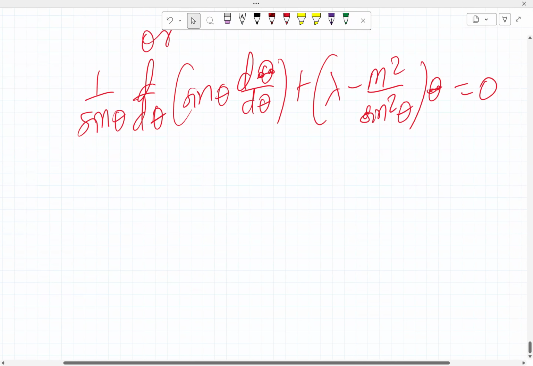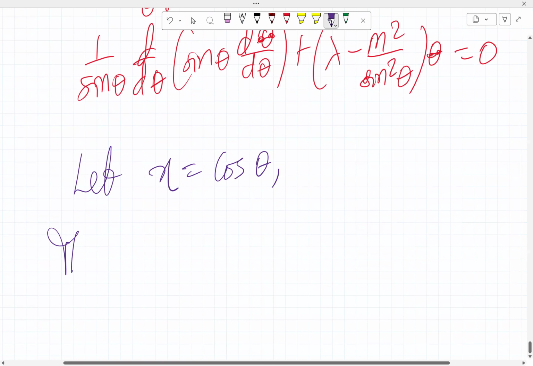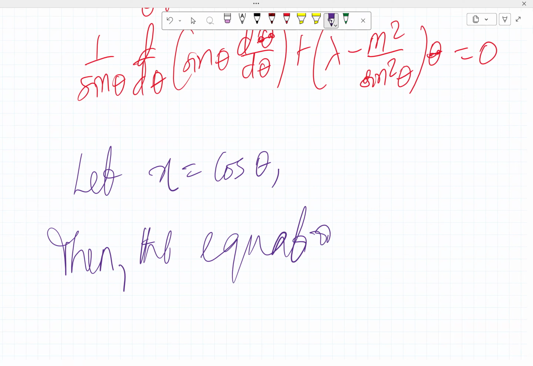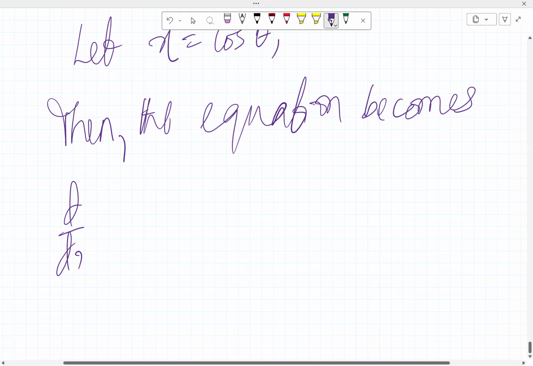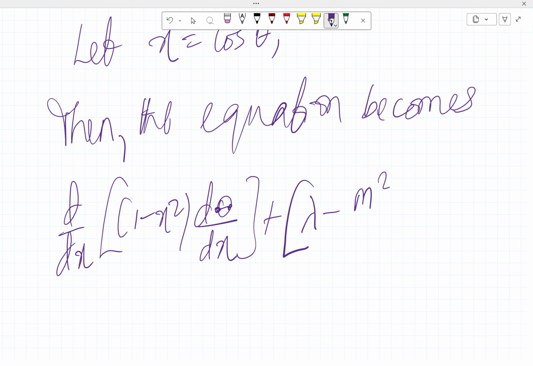So we can then convert variables, right? We say let x be cos theta. Then the equation becomes d by dx of (1 minus x squared) d big theta dx, plus lambda minus m squared over 1 minus x squared, multiplied by big theta, all of that is 0.